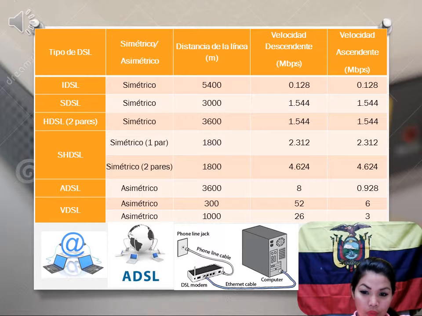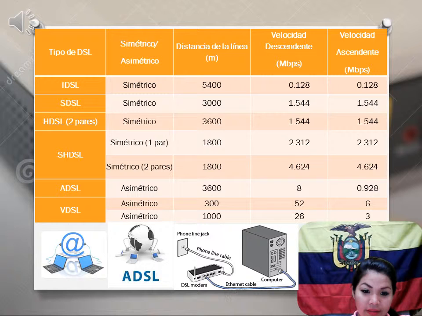We can learn that ADSL max downstream speed is 8 Mbps, while xDSL max downstream speed is 1.5 Mbps, which represents an advantage for ADSL.